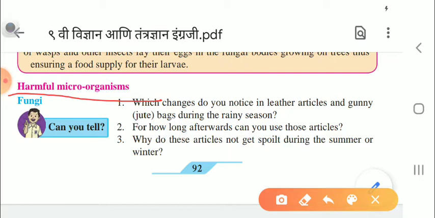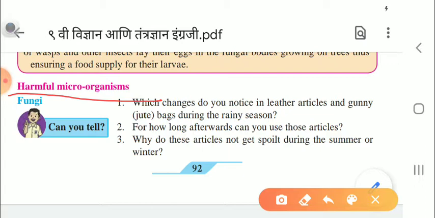You know, children, during the rainy season it is a moist condition because the atmosphere is moist. So during that time you can see that somewhere white color thread-like structures are there, or sometimes on bread also you might have seen, sometimes on chapatis, if your mother keeps them for 2-3 days, or in pickle also, in jam also, as well as here you are asked about leather articles and jute bags.